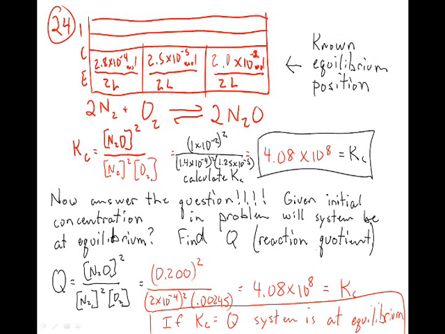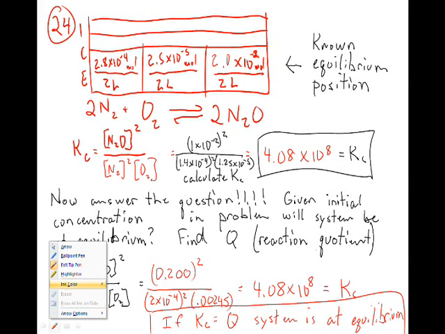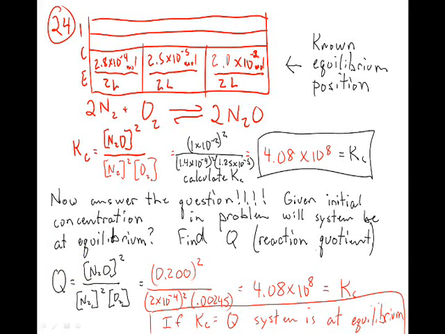Question number 24, we spent a little bit more time going over in class together. Now in problem number 24, you're given some original moles in a 2-liter container, and you're told this is at equilibrium.